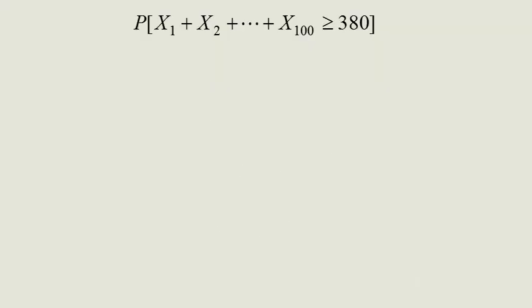Before we go any further, we need to realize that die rolls are discrete, but the normal distribution is continuous, so we should apply the continuity correction. Since the question asks for the probability of a sum greater than or equal to 380, we should change that to 379.5 for the continuous scale.